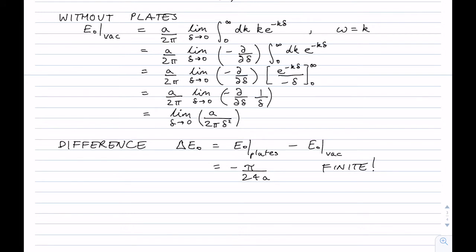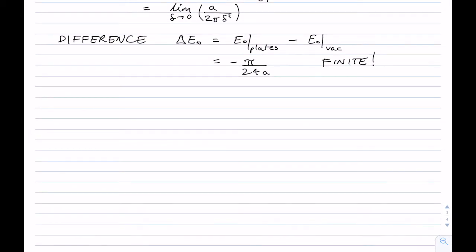So this is the energy that's stored between, this is the change in the energy when you put the two parallel plates there. And so what does that look like? It means that you've got some delta E naught versus a, and it's 1 over a like this.